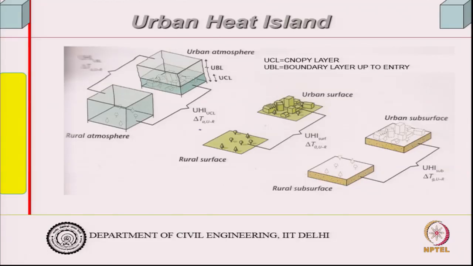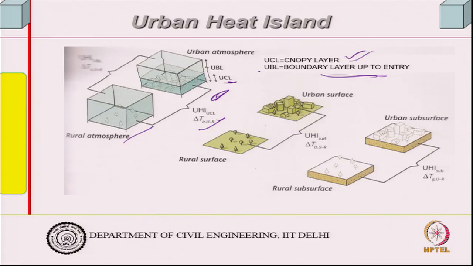Usually delta T is the temperature difference; this is the rural atmosphere, this is the urban atmosphere. UCL is the urban canopy layer. If we consider a layer or a volume around the urban area, the bottom layer is up to the mean roof level, possibly at the roof level.